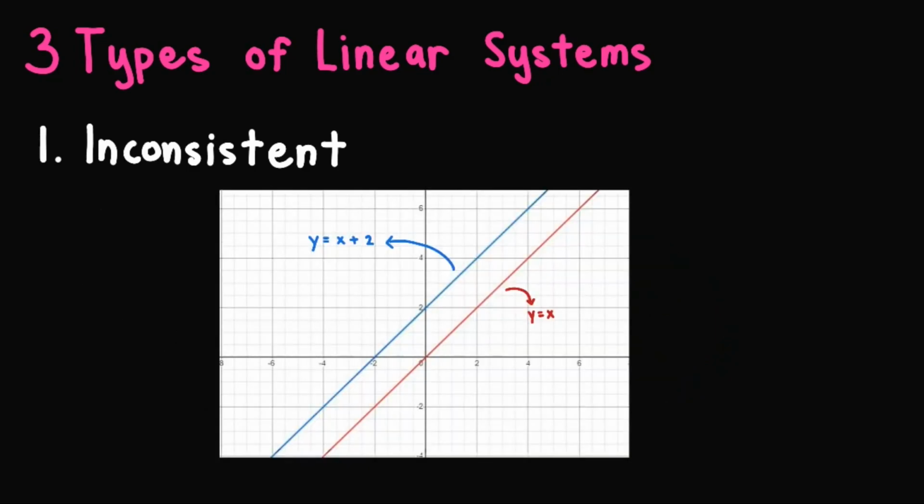So you can see we have a set of parallel lines out here, with the slope being the same, since these two are in their slope-intercept form with different y-intercepts. So as you can see, these two lines can never intersect, therefore they can never have a solution. So that is the inconsistent linear system type.